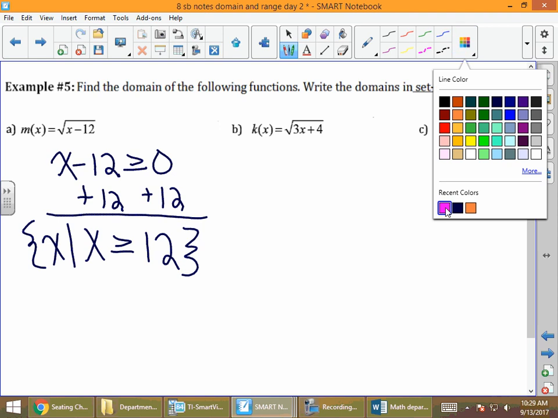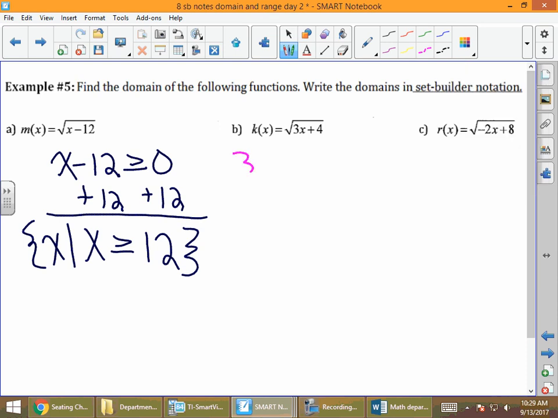And it's the same process here. The radicand, the value underneath the radical, has to be greater than or equal to 0. We have to be concerned about when what's underneath the radical has to be positive, or it can be 0. We can't take the square root of a negative.